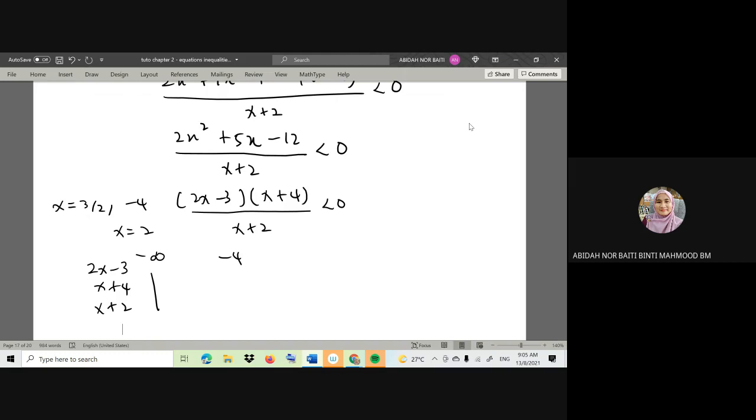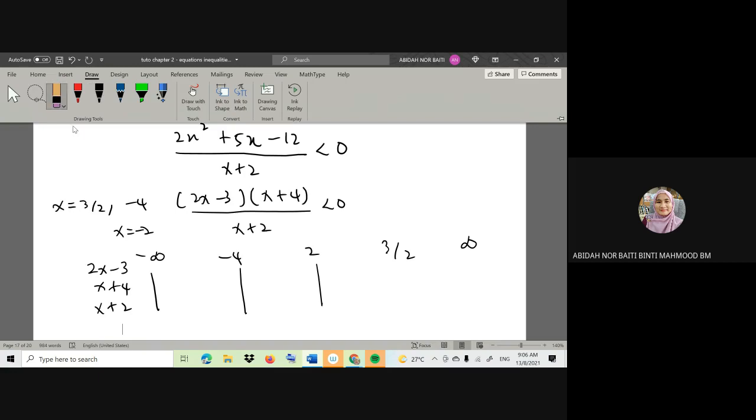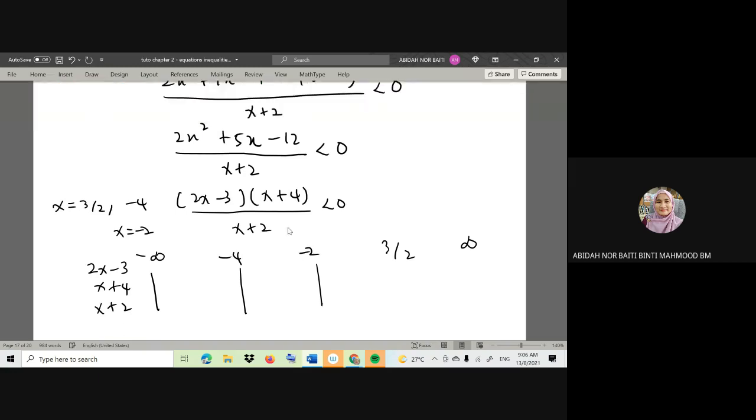Siapa dulu? 2. 2, 3 over 2. And infinity. So letaklah semua, ya? Yang denominator tu kan x equal to negative 2 ke? Ya, minus 2. Betul-betul. Okay, so ni minus 2 lah kan? Alright. Macam tu, okay, betul ya?